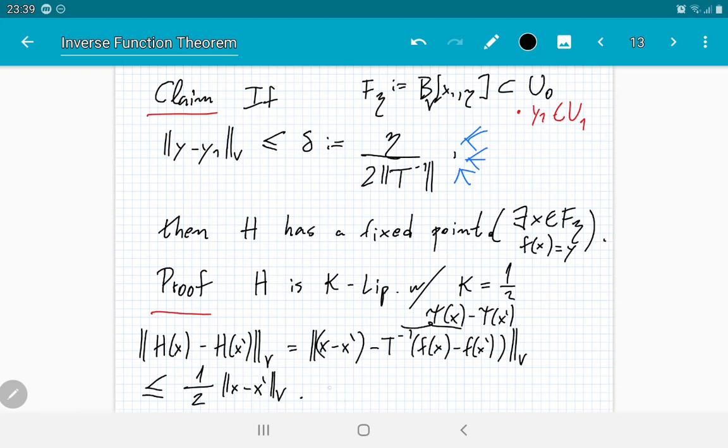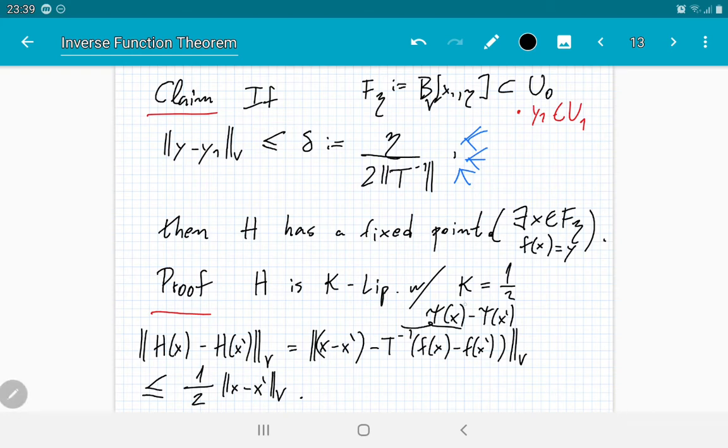And that's good, because if I can iterate h, and I'm going to show that I can, then the Lipschitz constant goes very quickly to 0. The composition of two functions that are 1/2 Lipschitz is 1/4 Lipschitz. The composition of i such functions is 1/2 raised to i Lipschitz. That's easy to show.